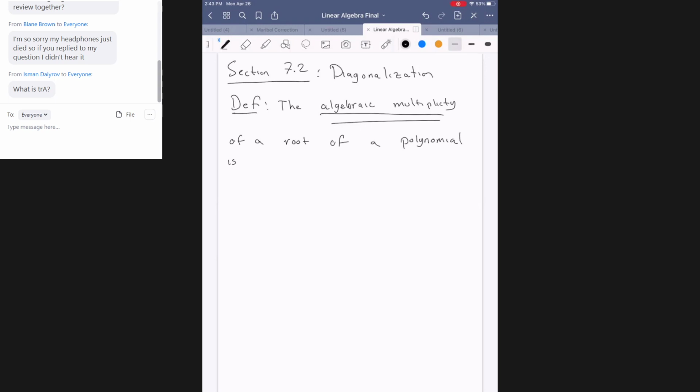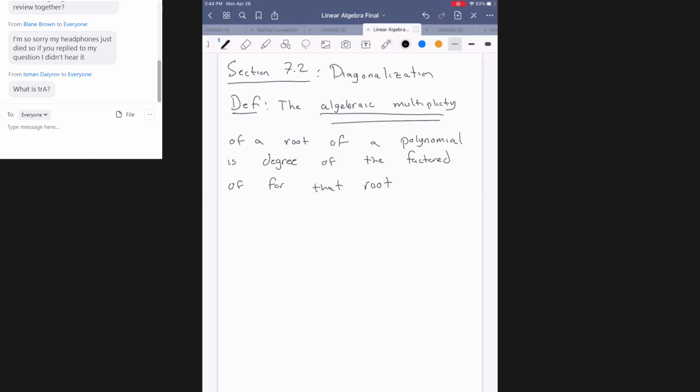So maybe say something like, the algebraic multiplicity of a root of a polynomial is the degree of the factored form for that root.